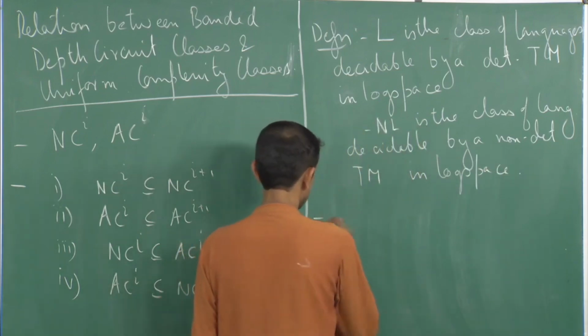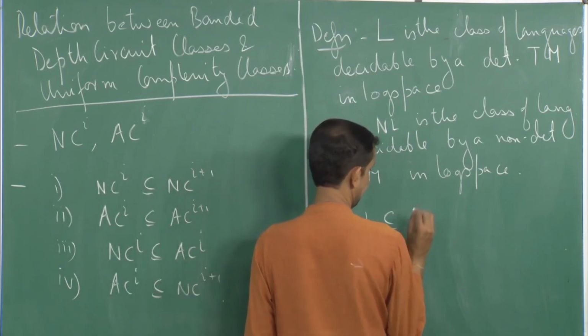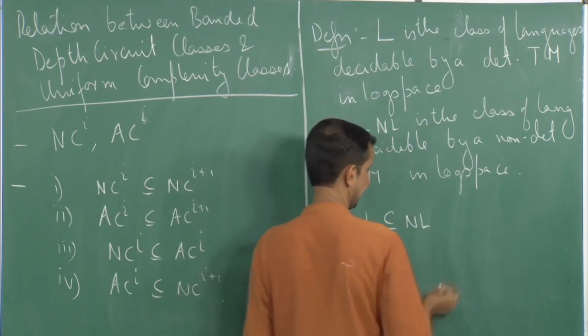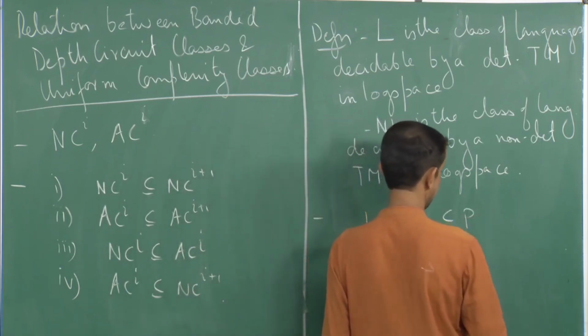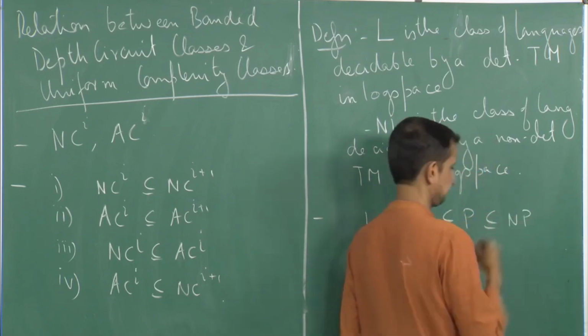Okay. And some of the known results that we have in this area are that L is contained in NL, NL is contained in P, of course P is in NP.